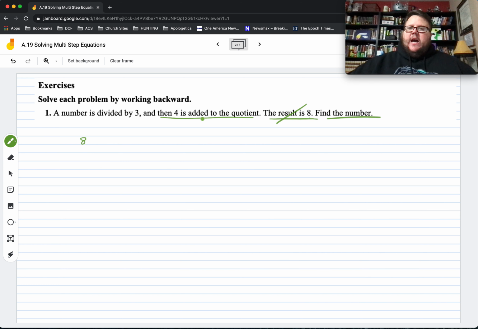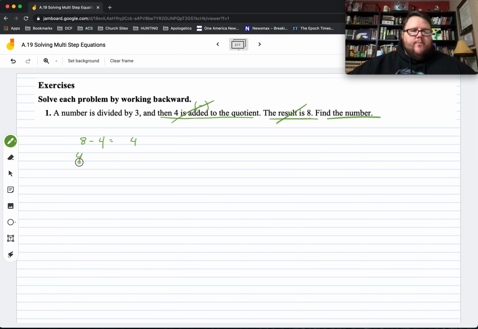So I'm doing the opposite. Remember, we're doing the opposite. So instead of 4 being added to it, I'm going to subtract. I'll put a symbol for subtraction there just to remind us. So I'm going to subtract 4. 8 minus 4 is 4. That step is done.